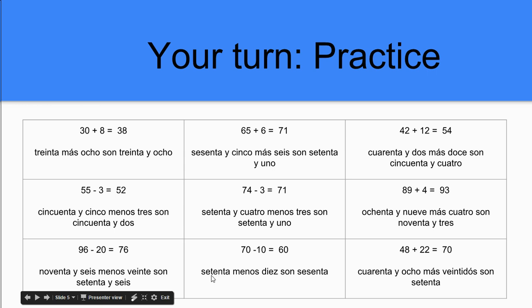Remember the T from siete, while we have an S from 6. 42 más 12 son 54. 89 más 4 son 93. 48 más 22 son 70.